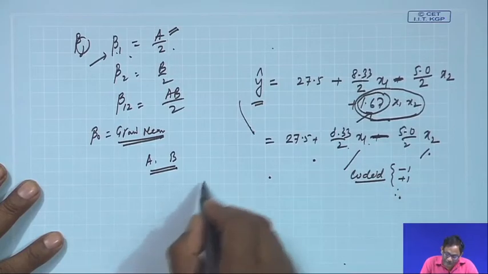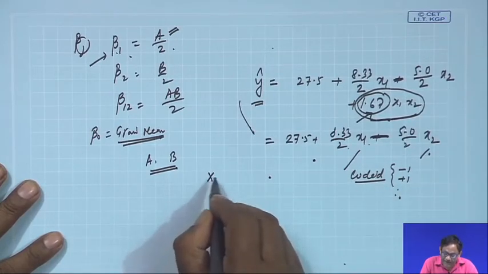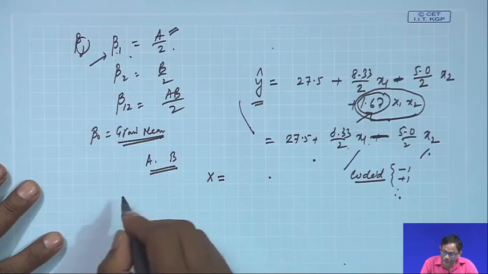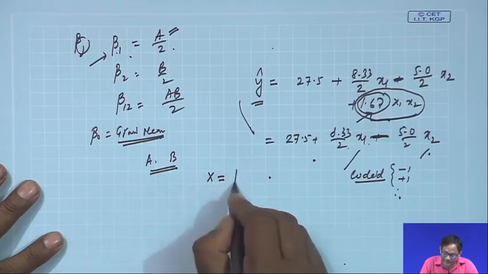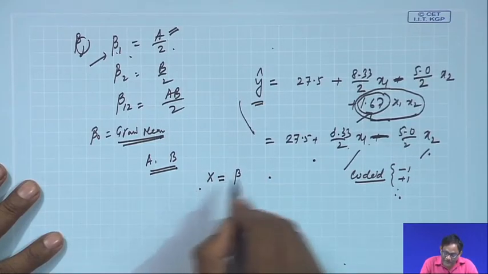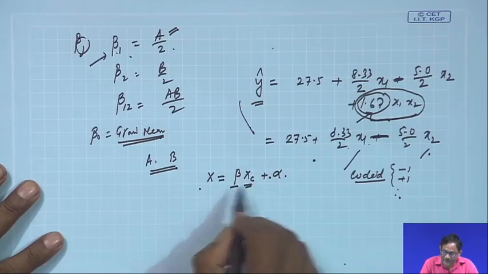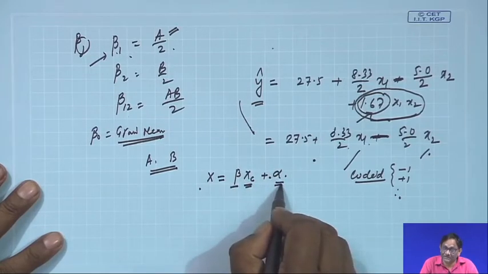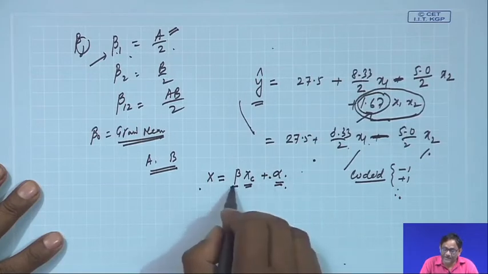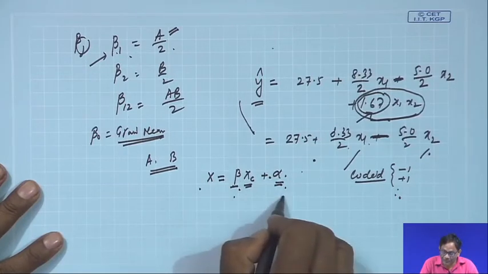So, I told you that if you want to go back, for that particular variable, original unit equals beta times xc, the coded unit, plus alpha, where alpha is xh plus xl by 2, and beta is xh minus xl by 2.